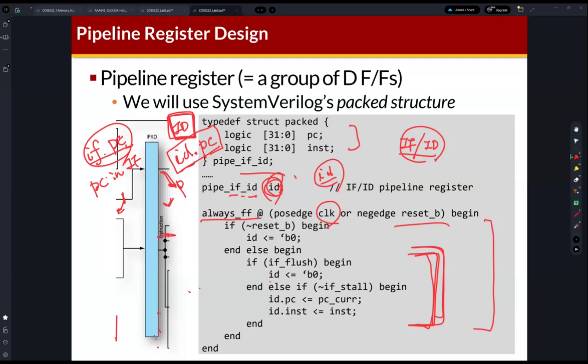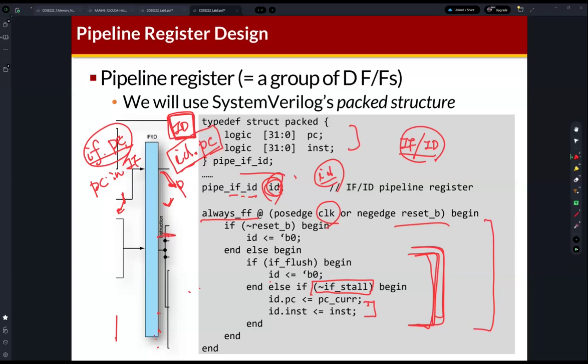But I just implemented this operation like this. So if not stalled, you can find that the signals are propagated, right? So it means I do not define the if stall case.